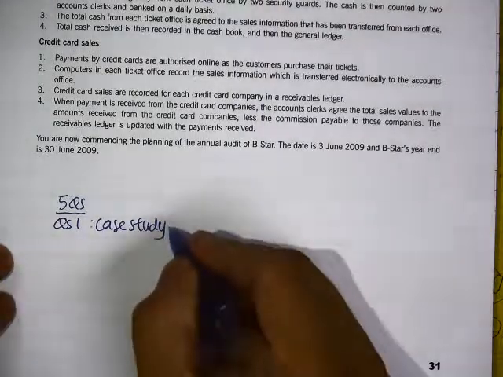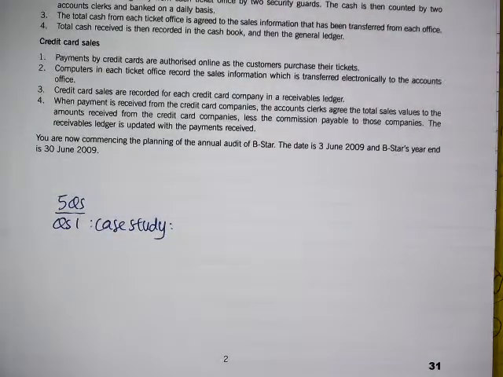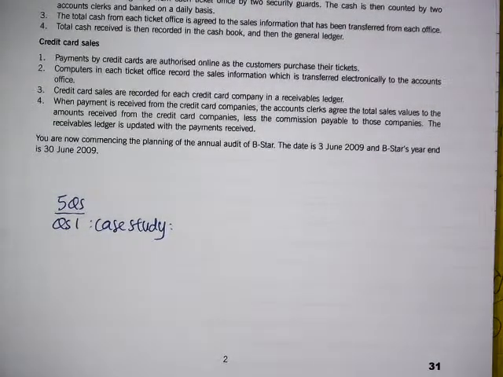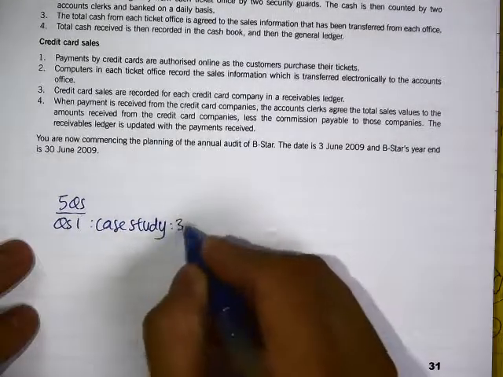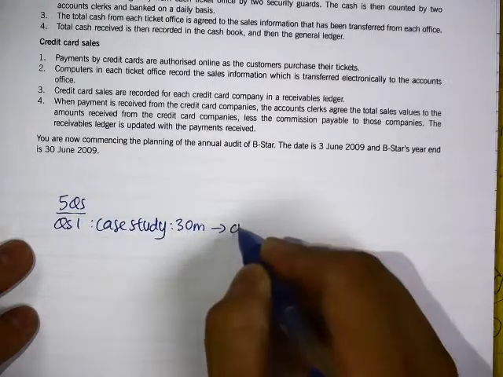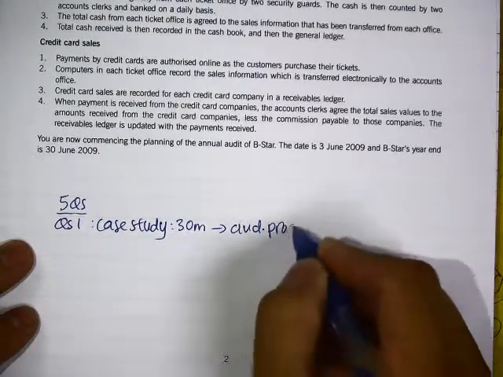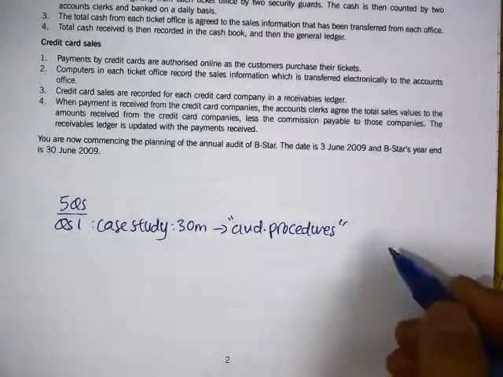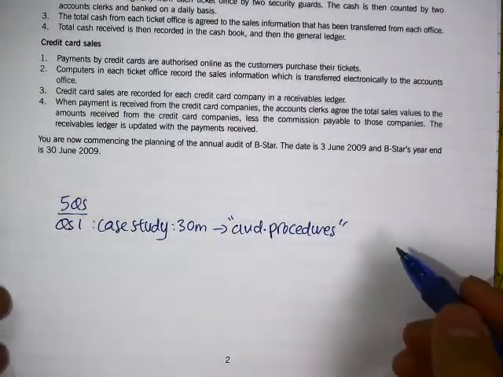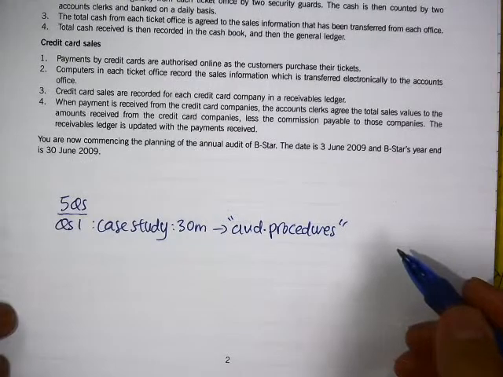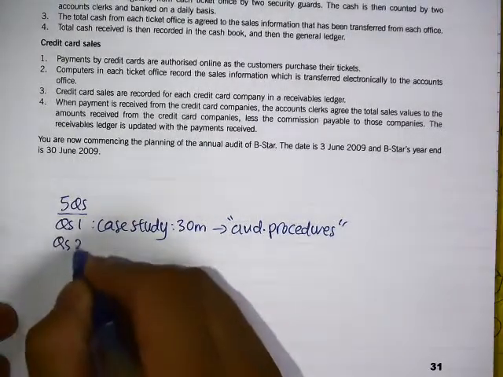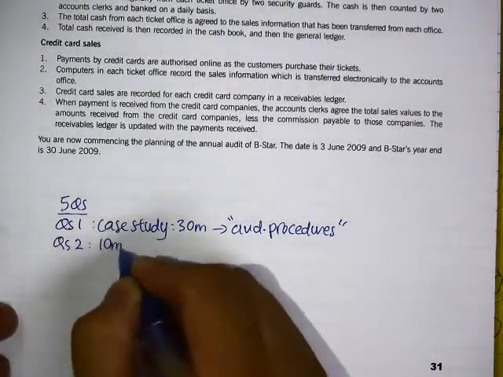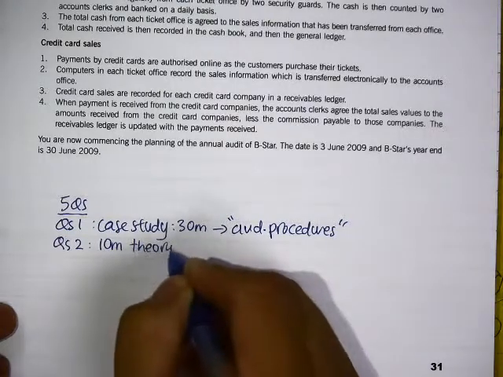Last time I said all these things were not so meaningful, but today is getting more meaningful because you start to know and understand what it is. Now the 30 marks case study is on audit procedure. That means it's all about what you're going to do as an auditor, how do you check something and stuff like that. Now question 2 is 10 marks theory.